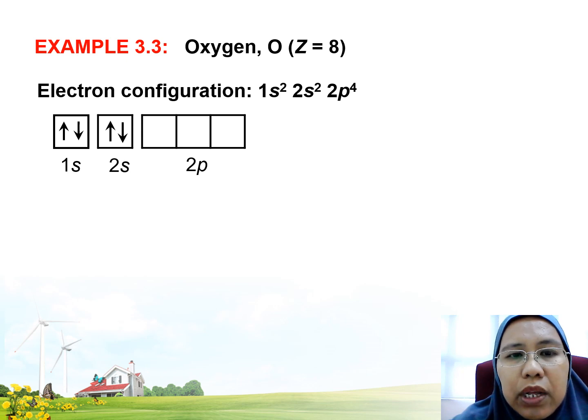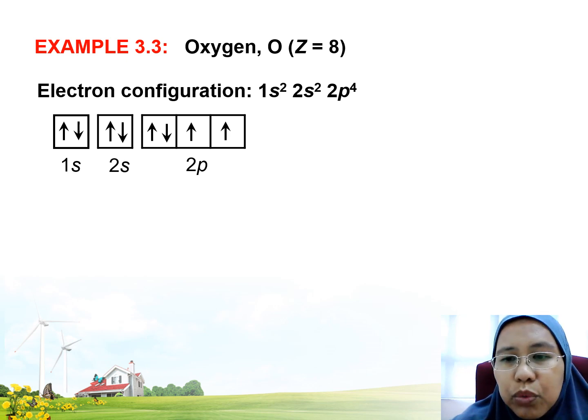And the last 4 electrons will be filled singly first, 1, 2, 3 in each orbital of 2p. And the last electron, the 8th electron, will be placed in a pair with the first orbital of 2p with an opposite spin. That's how you arrange the electrons according to Hund's rule.